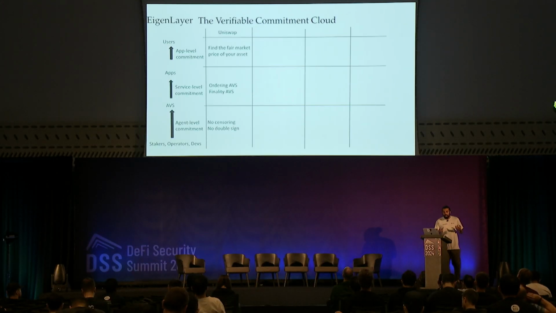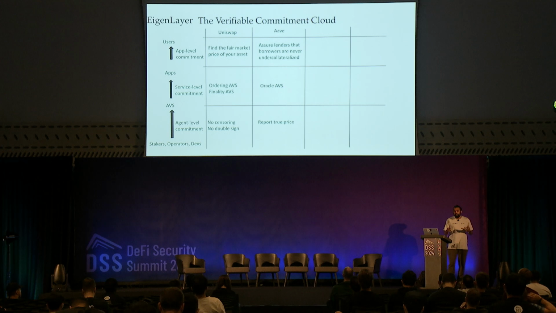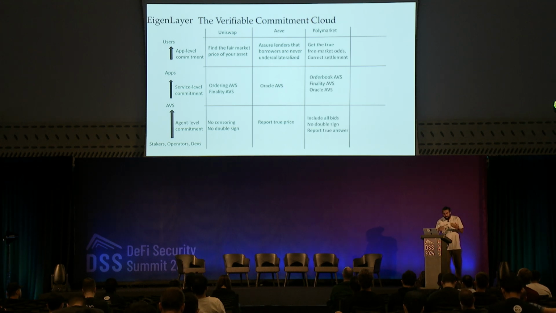So we have this analogy. We call ourselves the verifiable commitment cloud, and you can see why we are doing it. So at the staker, operator, and developer level, you can make certain commitments like we will not censor, we will not double sign.